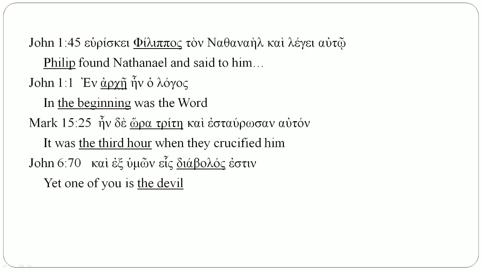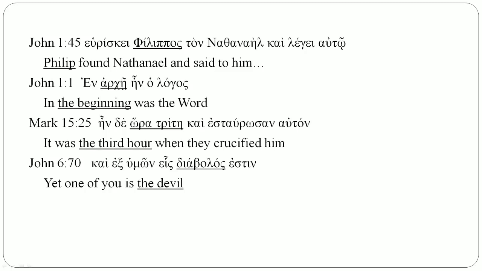In English, we don't really say "the Philip," but it's definitely not one of the "a" or "an." It's not a Philip, just a certain Philip. Notice that Nathanael has an article with it, ton. That ton points out that this is the object. Philip is the one doing the finding.